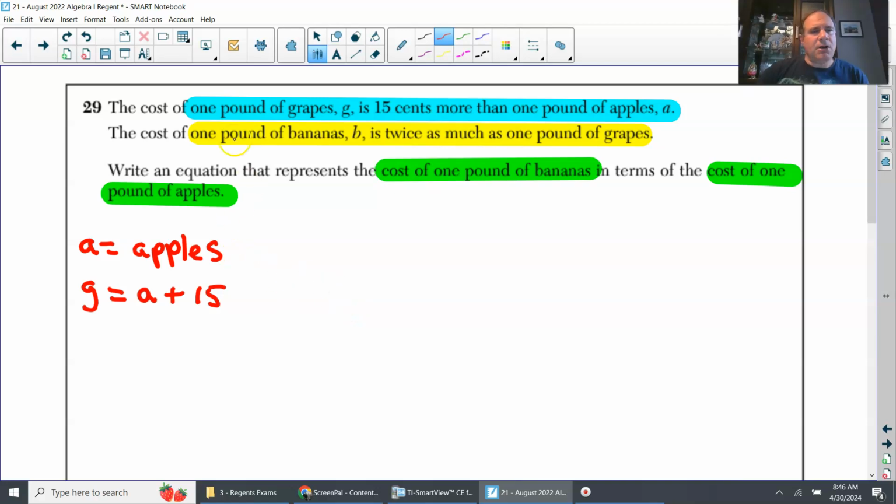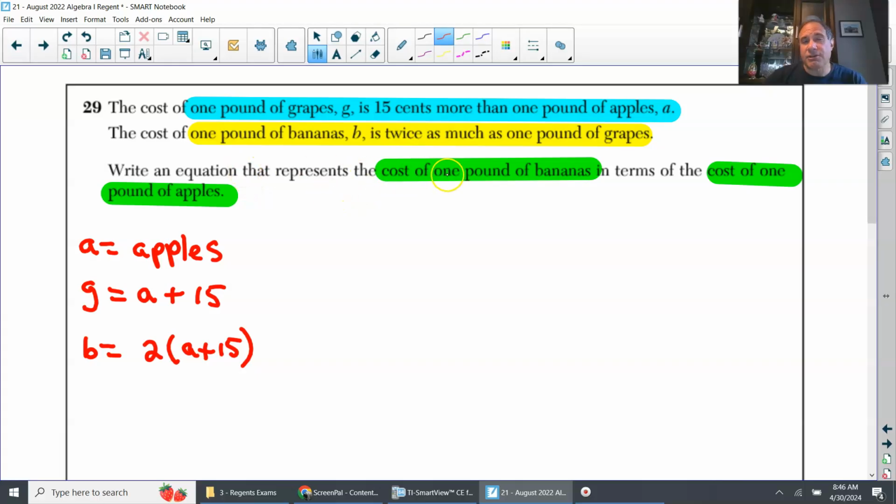The cost of 1 pound of bananas, B, is twice as much as 1 pound of grapes. I write down the key for myself just to make sure everything is good. And now I could go ahead and answer the question.